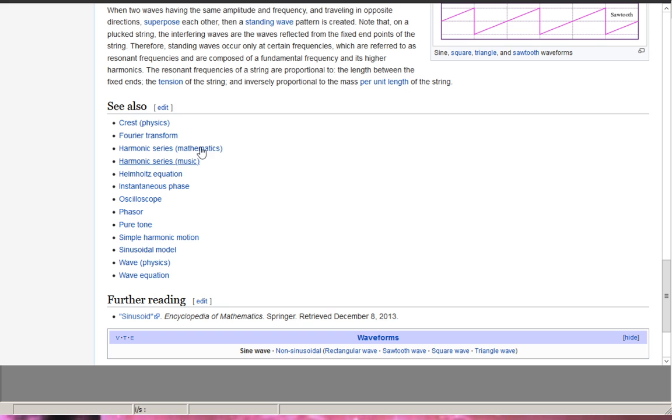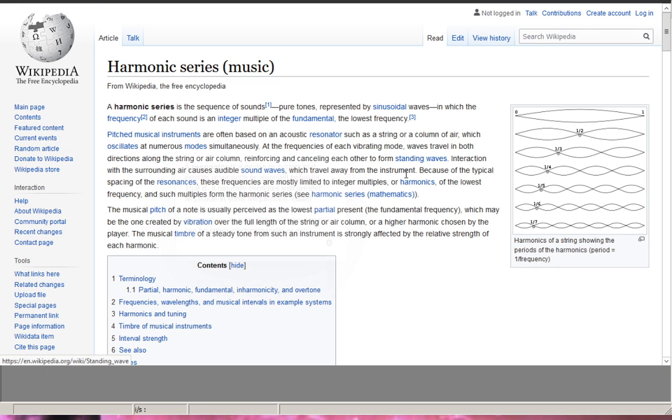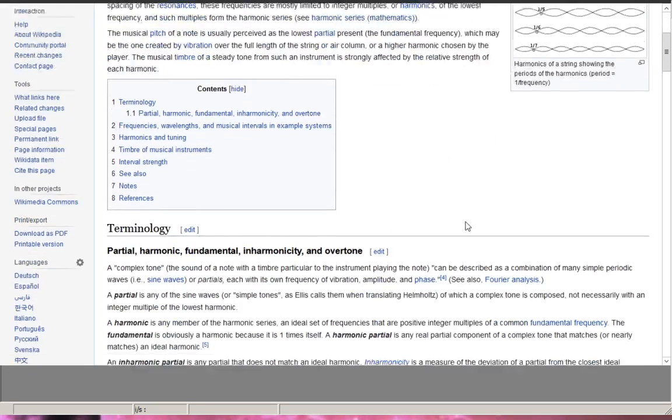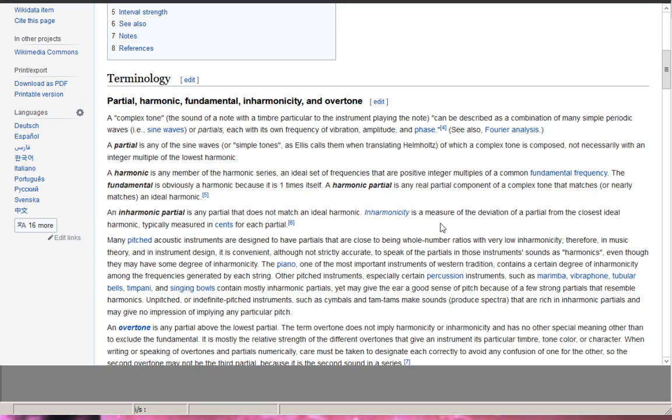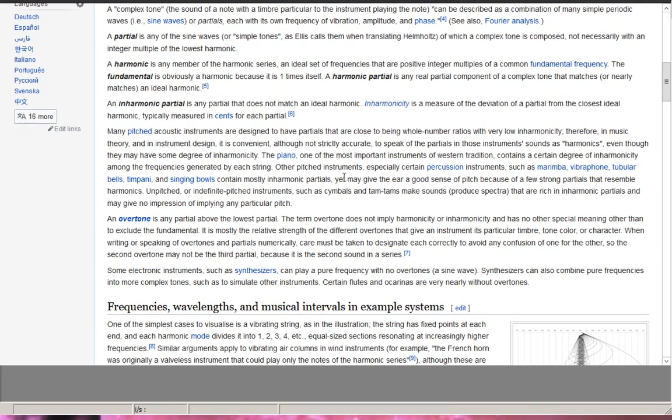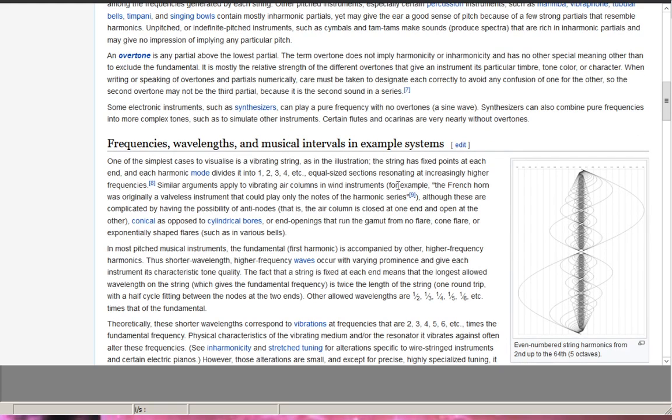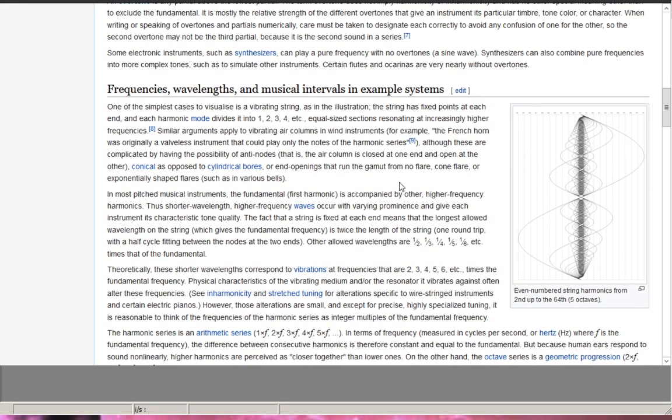Let's see what this is. That's your standing waves, your resonator, resonances. They're talking about inharmonic partials, even numbered string harmonics from 2nd up to the 64th octaves.